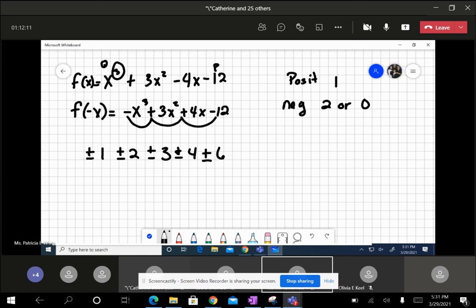We can go straight into synthetic division and test them, or we can use the factor theorem and test them. What's your preference? It doesn't make any difference which way you want to go about it.